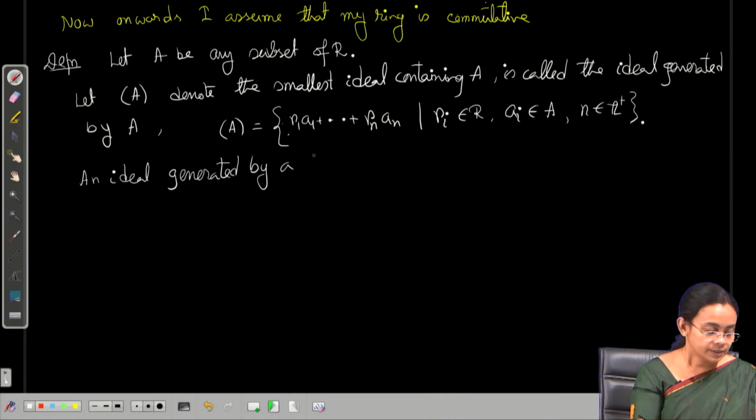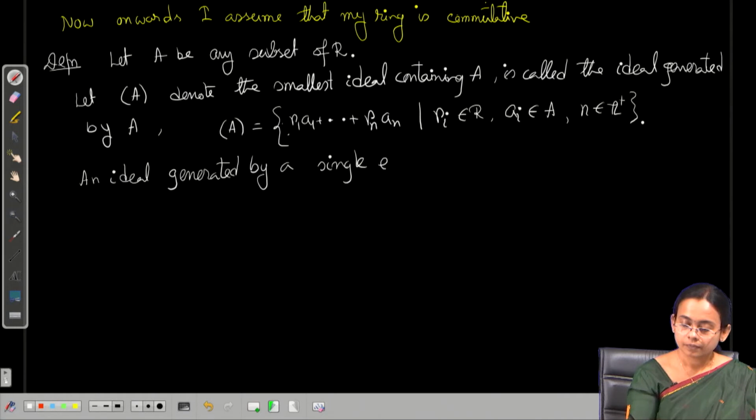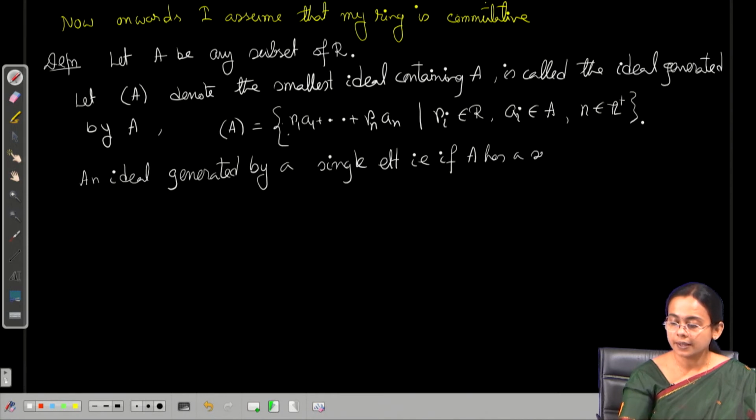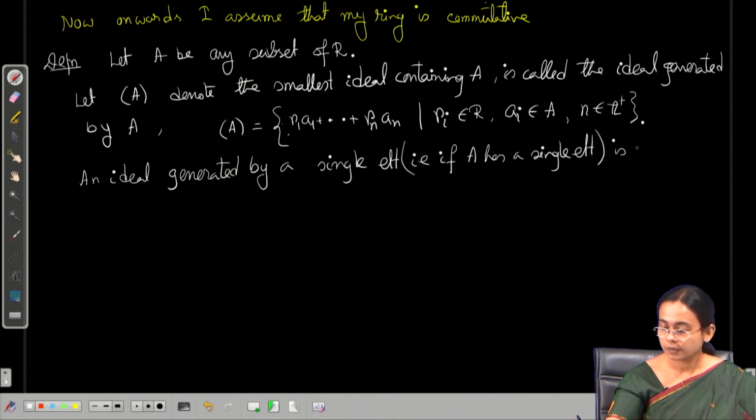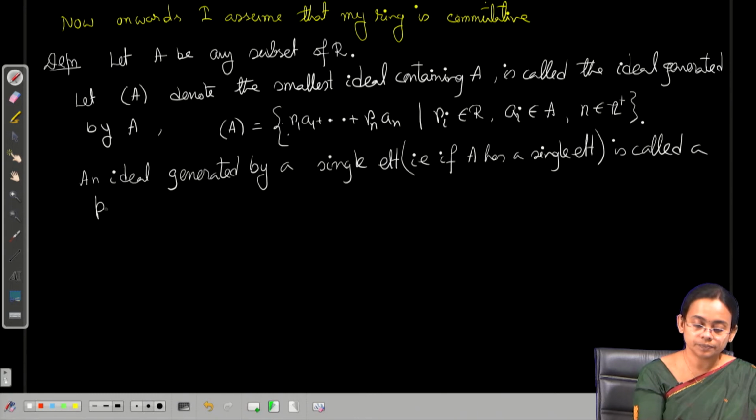That is, if A has a single element, we call that ideal a principal ideal.